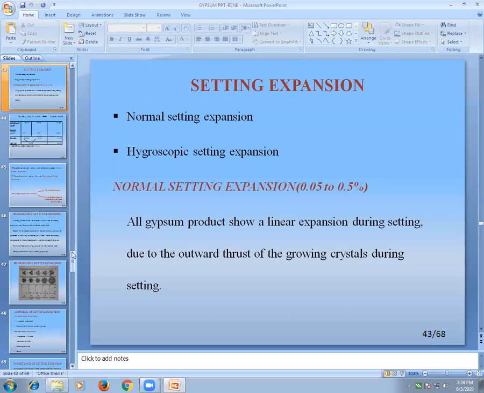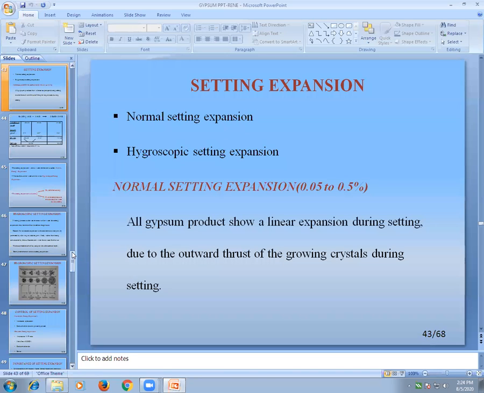See, there are two types of setting expansion: normal setting expansion and hygroscopic setting expansion. In normal setting expansion, it is 0.05 to 5%. So all gypsum products show linear expansion during the setting due to outward thrust of the growing crystals.